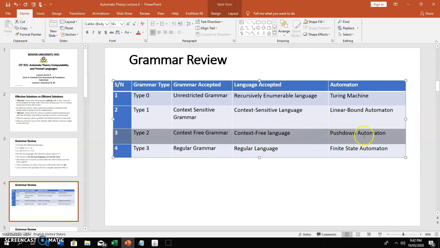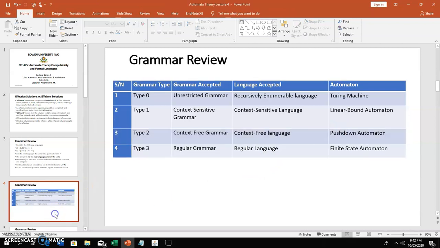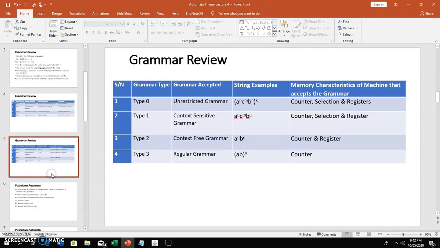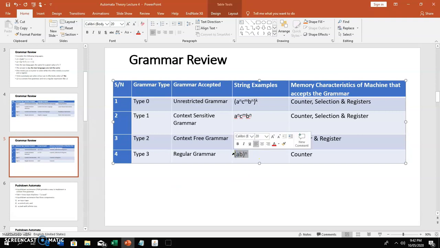So we'll be working with the pushdown automaton to see how it effectively solves a problem like the one I gave to you earlier. Just to refresh your memory, this is the language we were trying to solve the other time. This is the string type, the regular grammar.